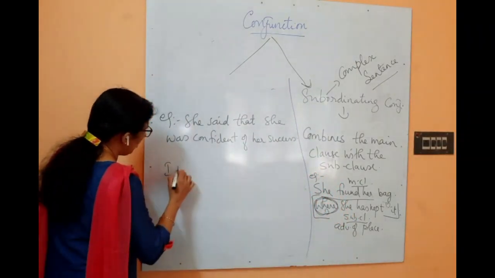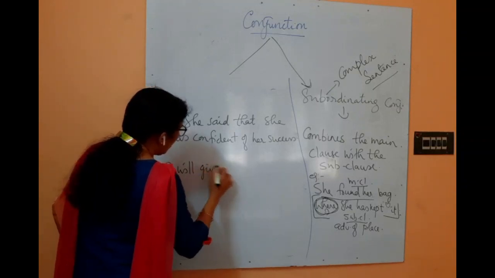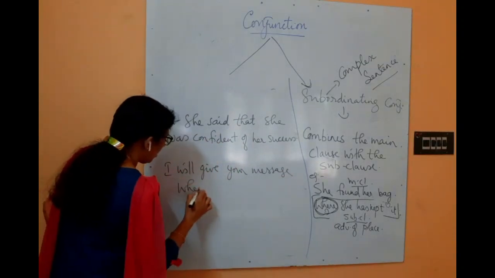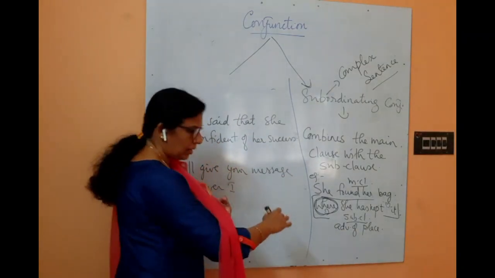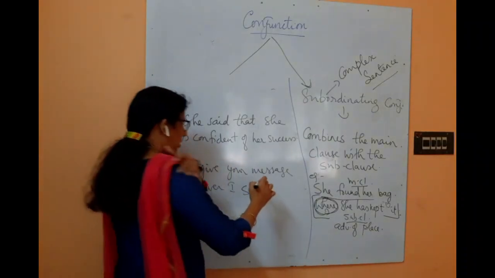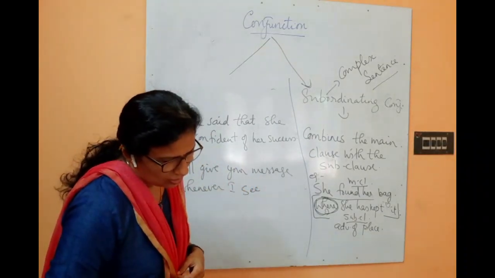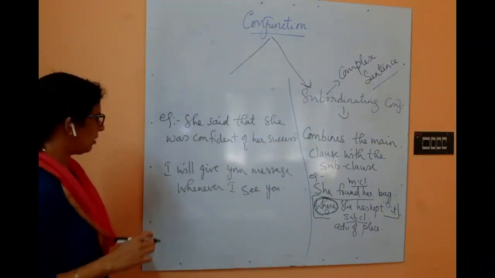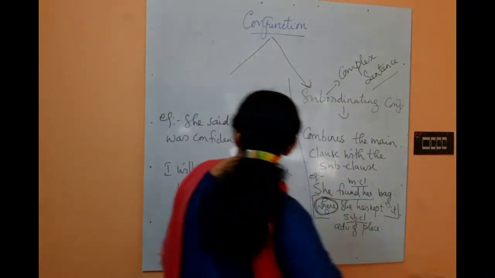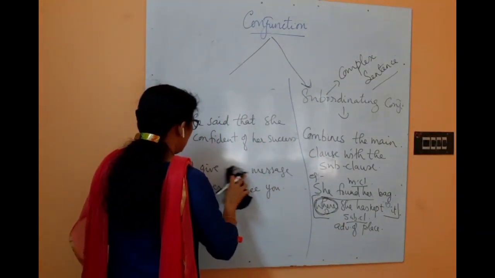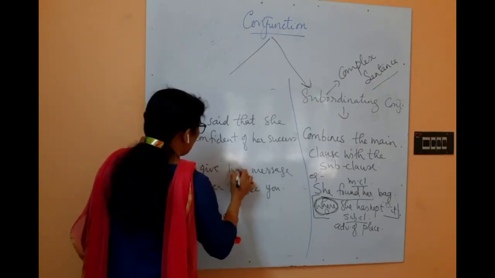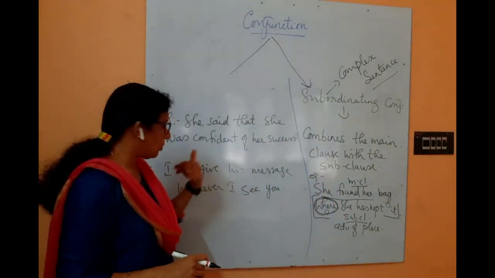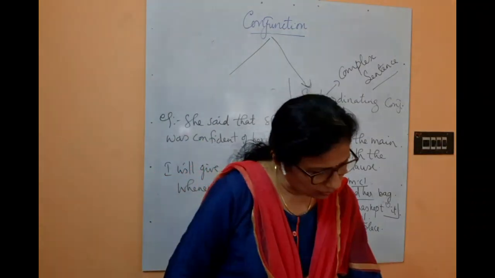I will give your message whenever I see you. I'll give his message whenever I see you. Okay, the message which he asked me to convey to you. Okay, next one.